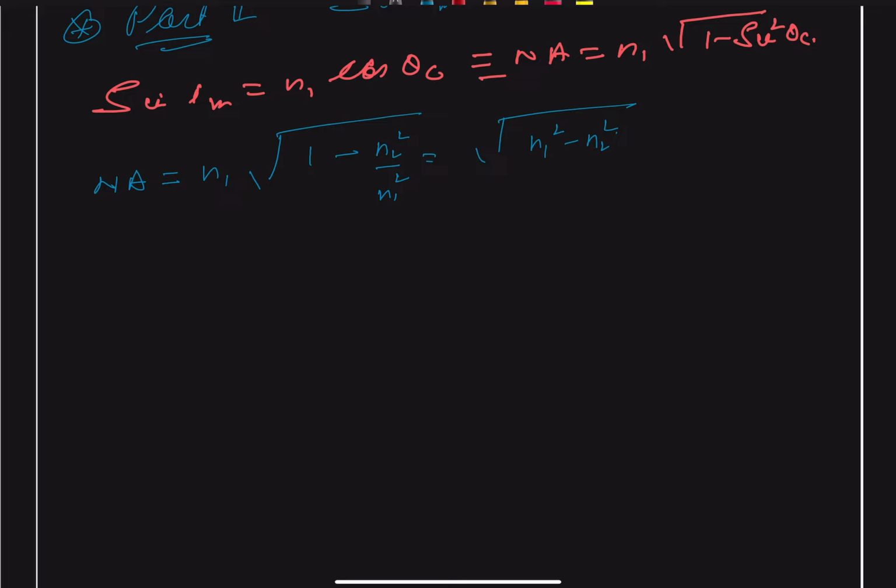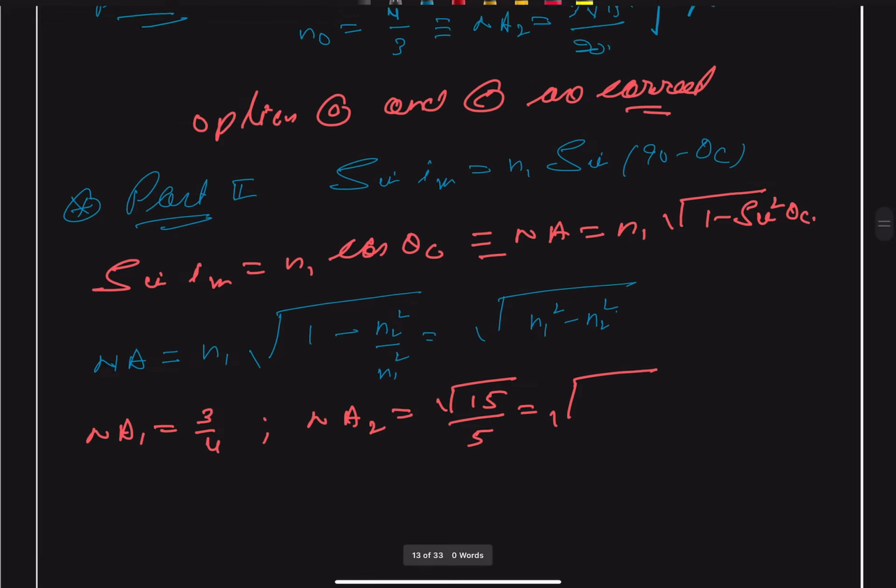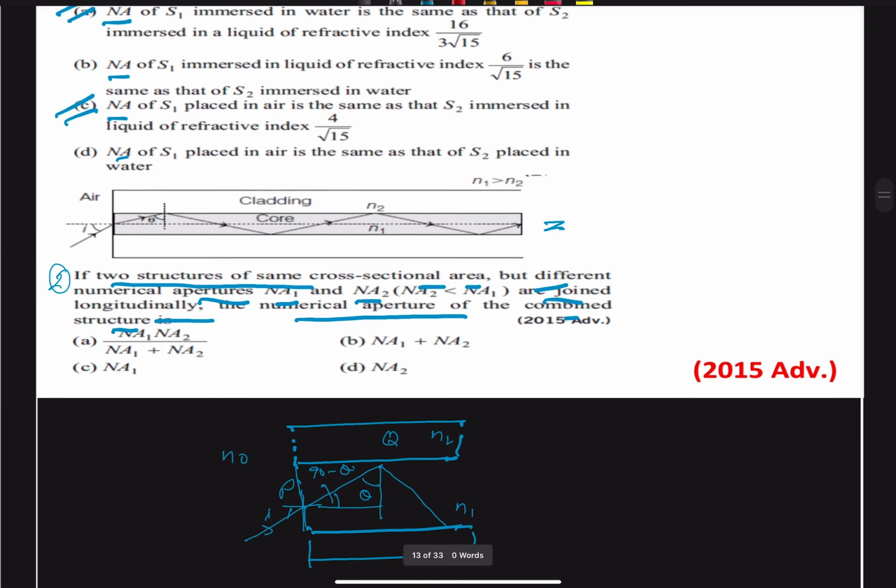We have n1 equal to 3 by 4, and n2 equal to square root of 15 divided by 5. What is missing? So this comes as the square root of, I think something is missing here. One second, let me check it again.